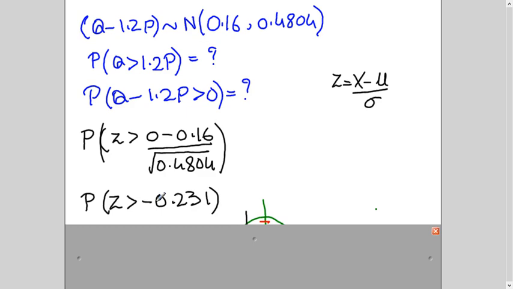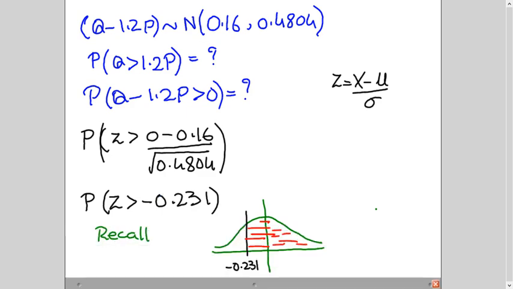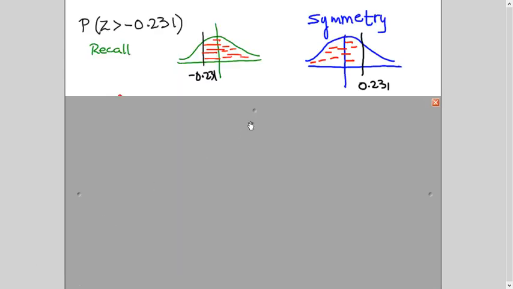Now we know the table we have does not have Z in negative. So we use a concept. What concept will we use? Because you have to find this probability, and you can't read the table for a negative value. You will use the symmetry concept, right? Because in standardized form the normal distribution is a bell-shaped graph.